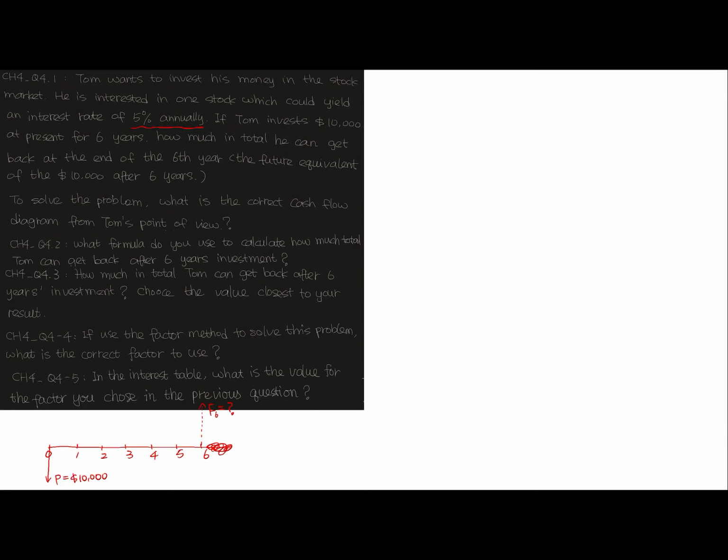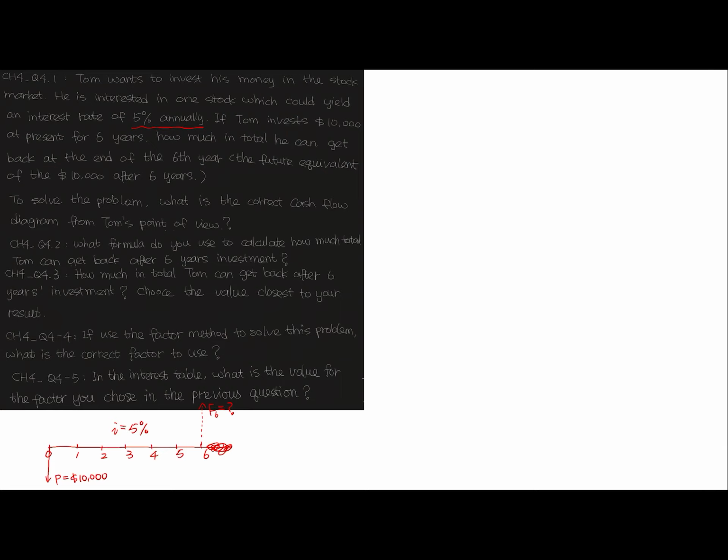You can label it as F6 because you will know that's going to be some future value at the end of year 6. Just easier to understand what the timeline is, okay? So your interest rate here is 5% per year. All right, so this is your cash flow diagram.